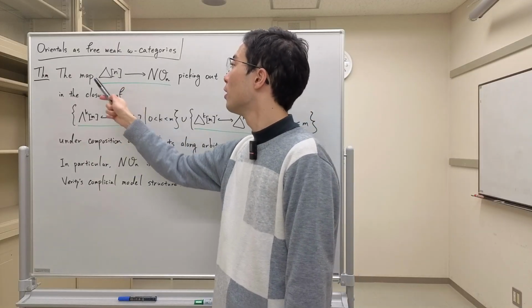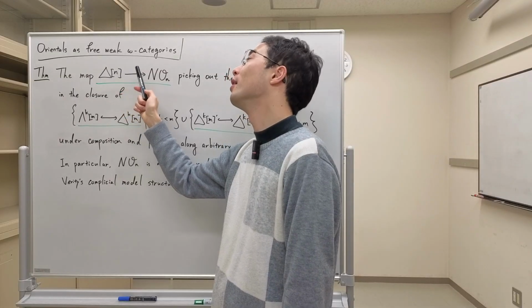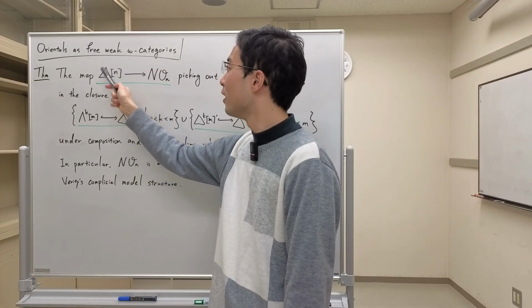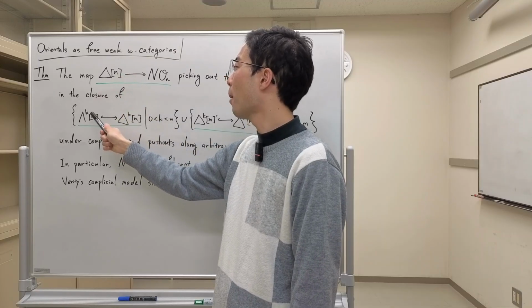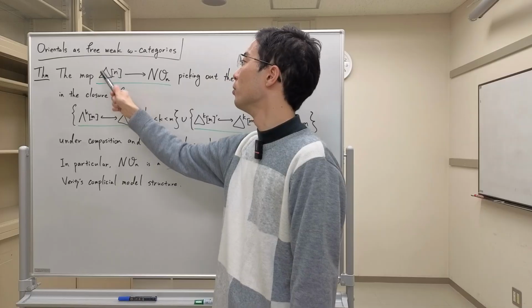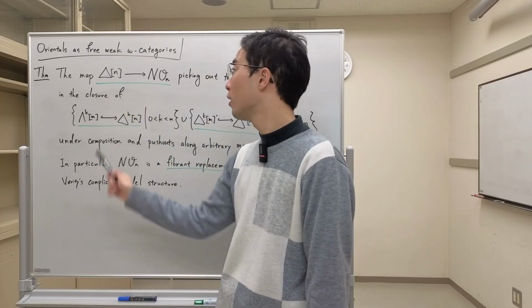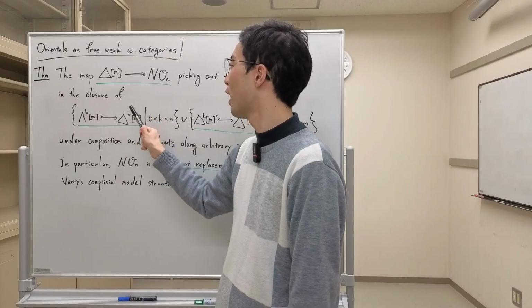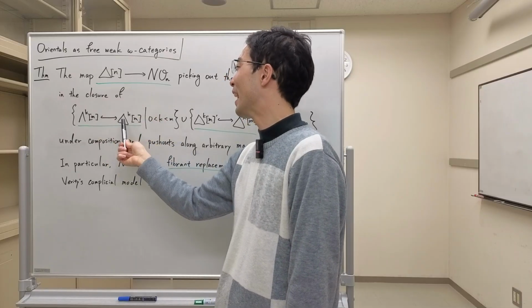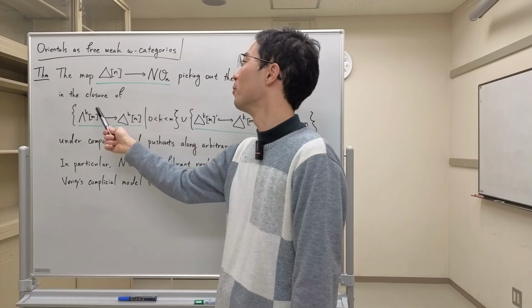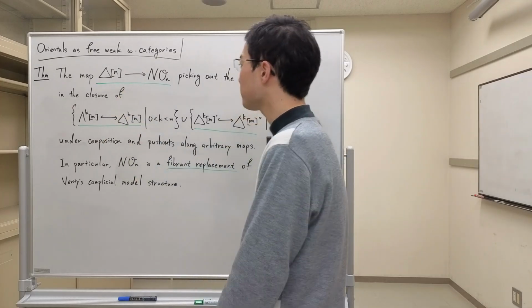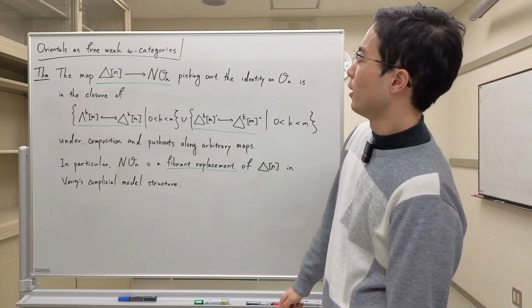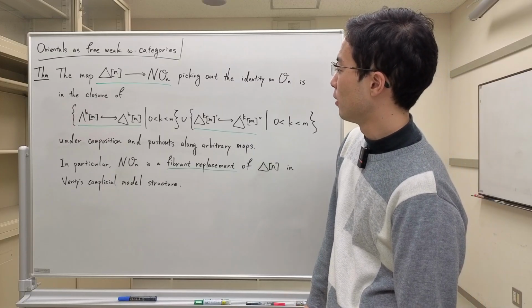So you can detect composable pairs in here by maps out of a horn into your marked simplicial set, and taking the pushout then freely adds the composition to that composable pair that you found. So that's the kind of thing that I meant.